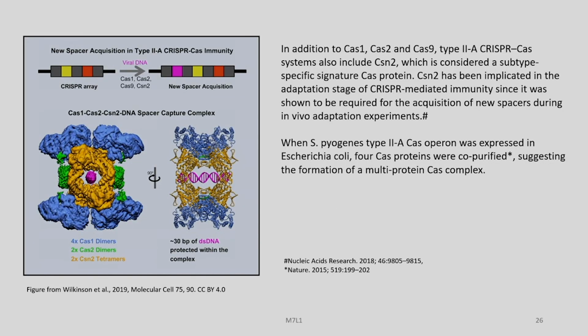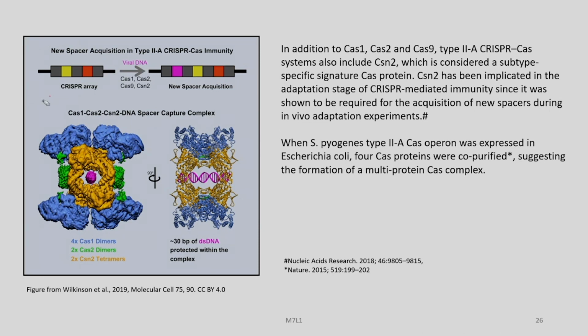Now, let us look into the arrangement of the various components in the CRISPR-Cas immunity system, in the type 2A system in particular. So, you have a CRISPR array over here, and this is the existing CRISPR array. This is basically the initial state.